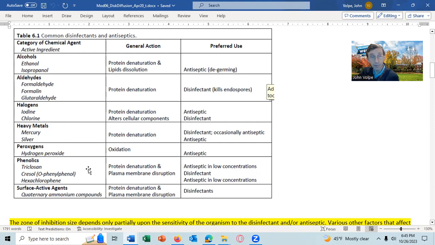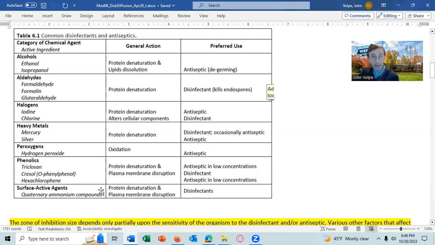Phenolics, compounds with phenol or like phenol, usually used as an antiseptic in low concentration. The problem is phenolics are actually pretty irritating to the skin, and they have an unpleasant smell as well. They more often are used as a disinfectant to clean an area.